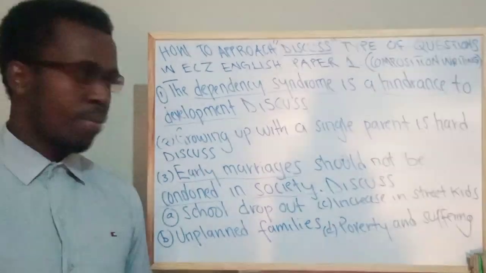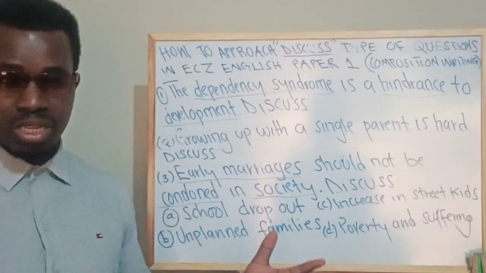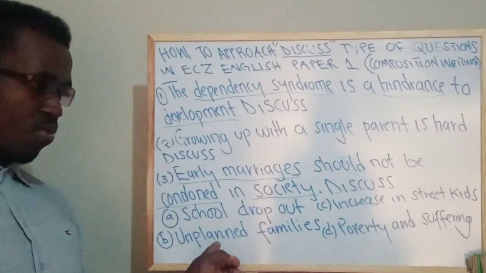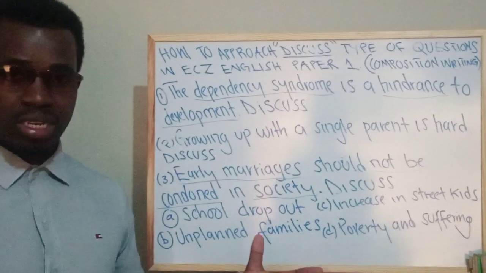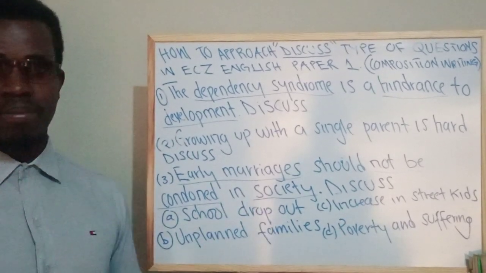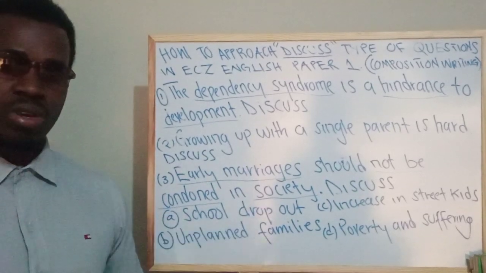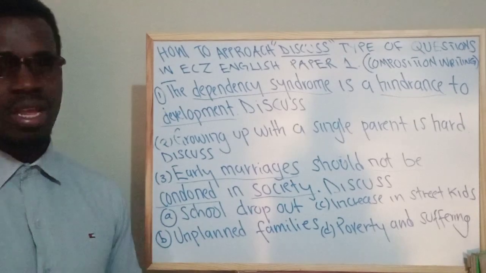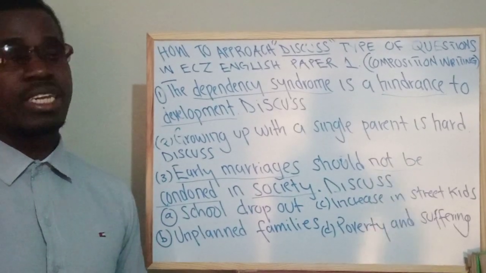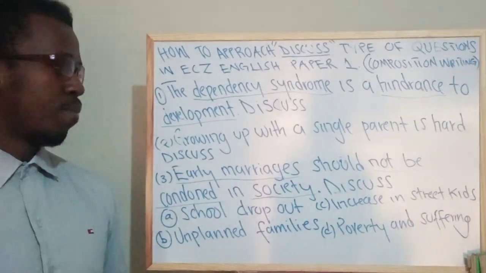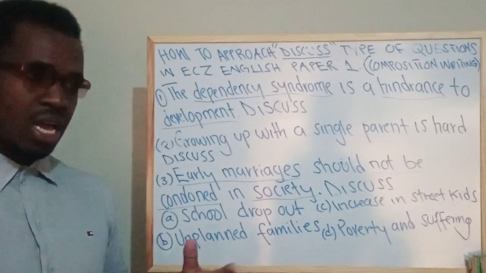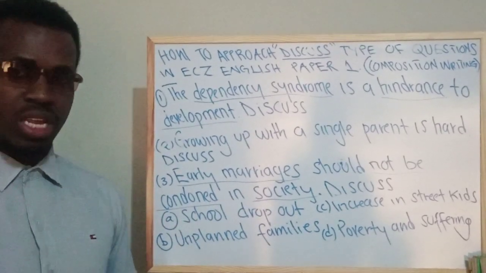Then we can also talk about increase in street kids, which could be the end result of unplanned families. The boy child and the girl child, or these young adults, may not be able to actually look after the children that they are going to bear or have, so to say.